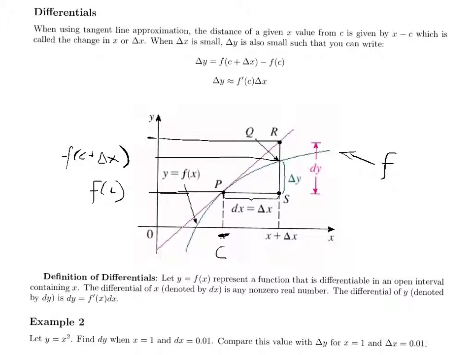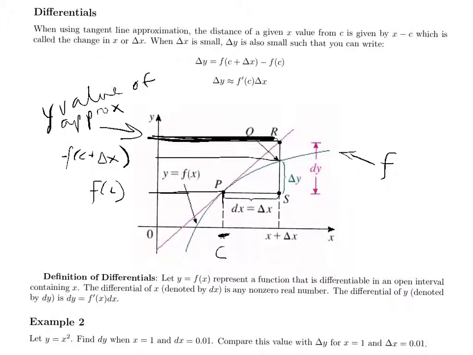We're going to say that distance could be approximately the same as the distance between f of c and the y value of your approximation. That's what is going on up here. The difference in y values is approximately equal to the distance away on the approximation.